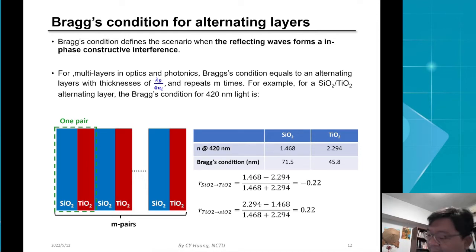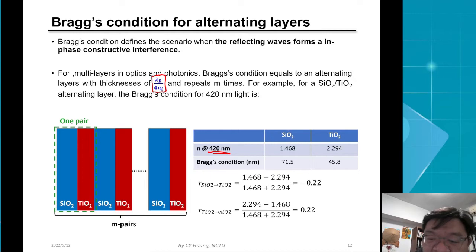The rule of thumb is that we can decide the thickness as lambda over 4n, where lambda is the target reflecting wavelength. For example, you can set your target wavelength at 420 nanometers, which is in the violet region. We can have two alternating transparent dielectrics.